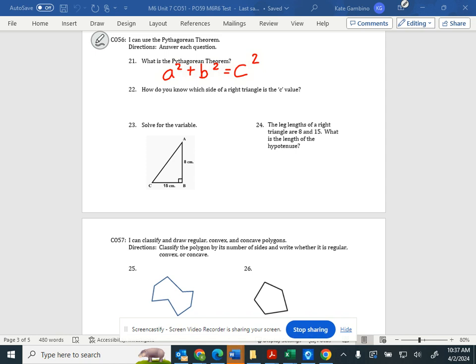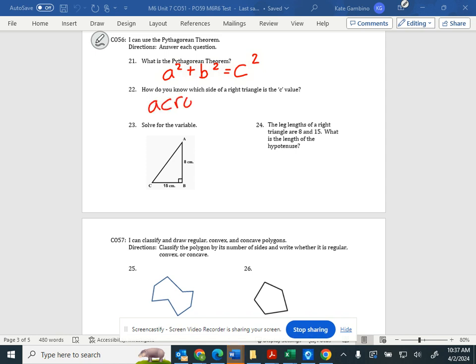So remember, the A and the B are our legs. The legs form the what, Madeline? The right angle. So my C is the hypotenuse. How do we always know which side is the hypotenuse? Which side is the C? It's the one that's right across from the other one.